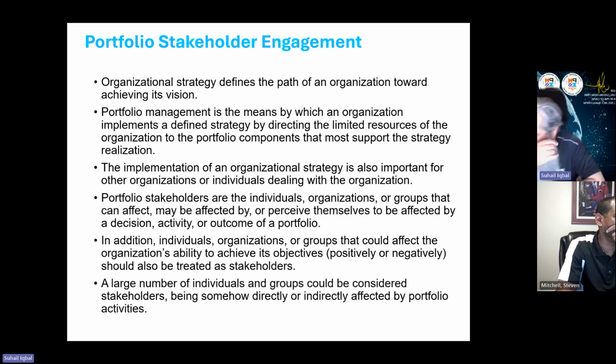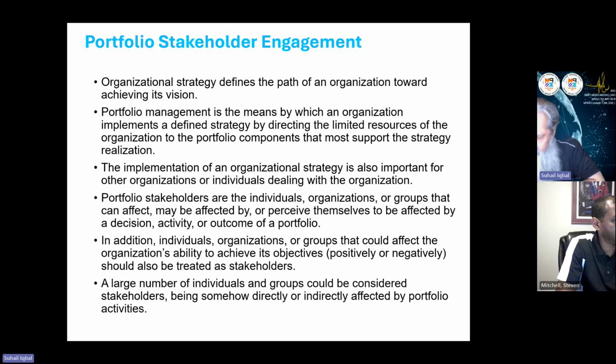I don't know what you understand from this definition, although you have studied the same definition in project management also for the stakeholder. Here it's specific. The only difference is we call it portfolio stakeholder, but the definition remains the same.